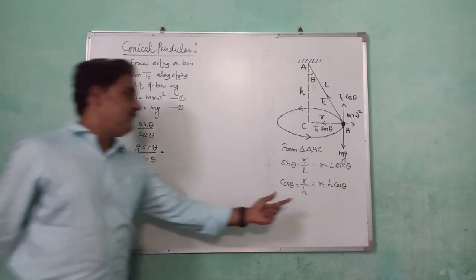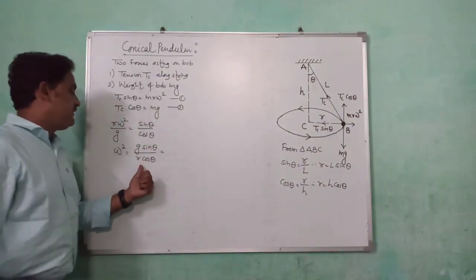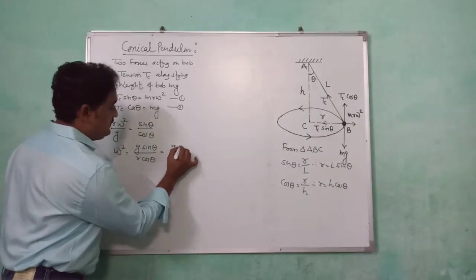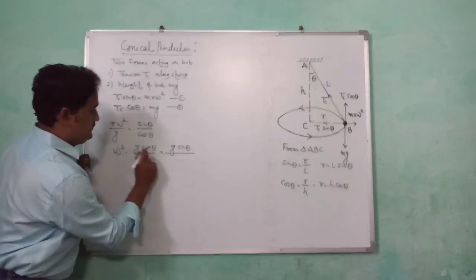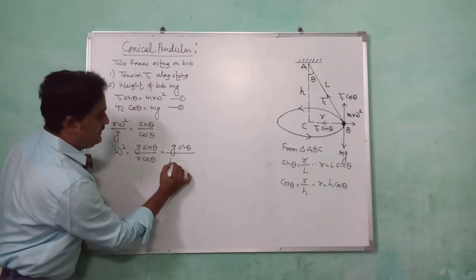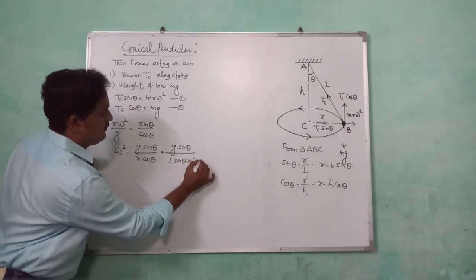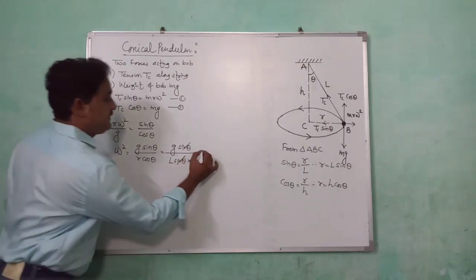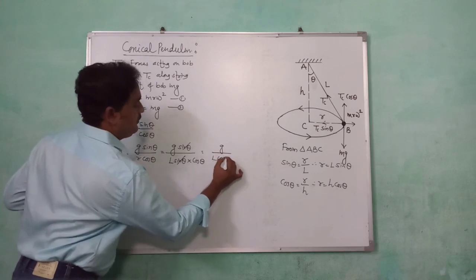Now substitute the value of R. This R is equal to L sin theta. We'll convert this into a single function. So omega square is g sin theta upon L sin theta cos theta. Sin theta gets cancelled out, so this becomes g upon L cos theta.